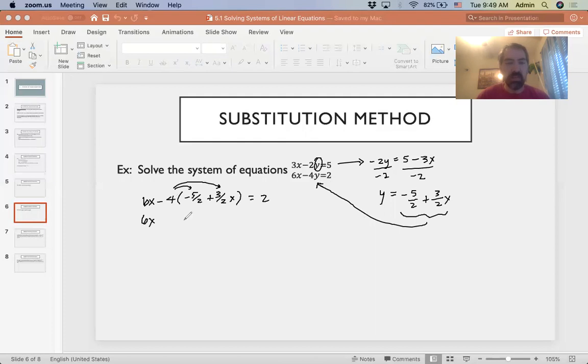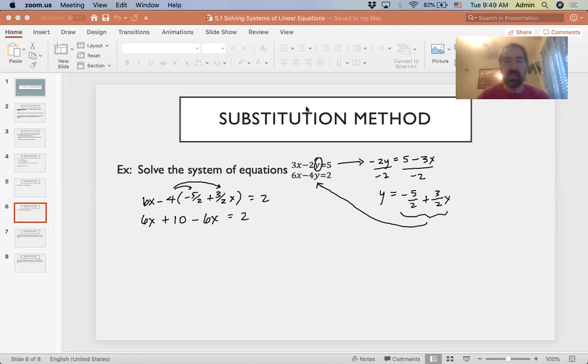Negative 4 times negative 5 halves is a positive 10. That's 4 times 5, that's 20 over 2, reduces down to 10. And negative 4 times 3 halves is negative 6x, because 4 times 3 is 12, 12 over 2 is 6, equals 2.